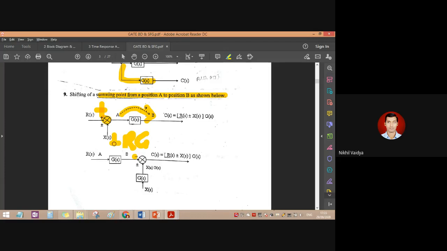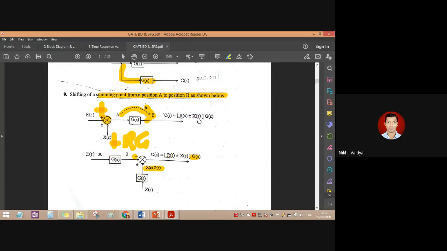If this is plus, so this will also be plus. So plus, and then again plus minus G of S into X of S. Plus minus what? G of S into X of S. So what will come out common? G of S, because G of S is common here, and when we take it out common, we will get the same term we got here.